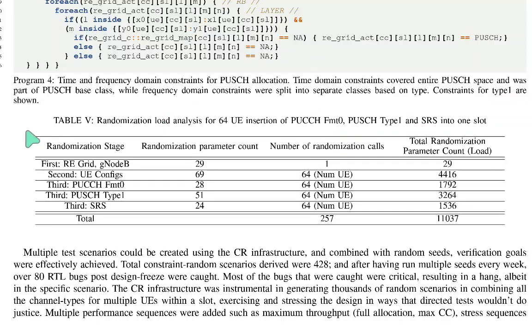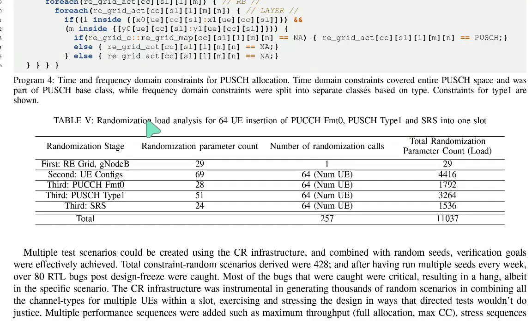Table 4 shows the time and frequency domain constraints for PUSCH allocation. The time domain constraints covered the entire PUSCH space and were part of the PUSCH base class, while the frequency domain constraints were split into separate classes; based on time, the constraints for type 1 are shown.